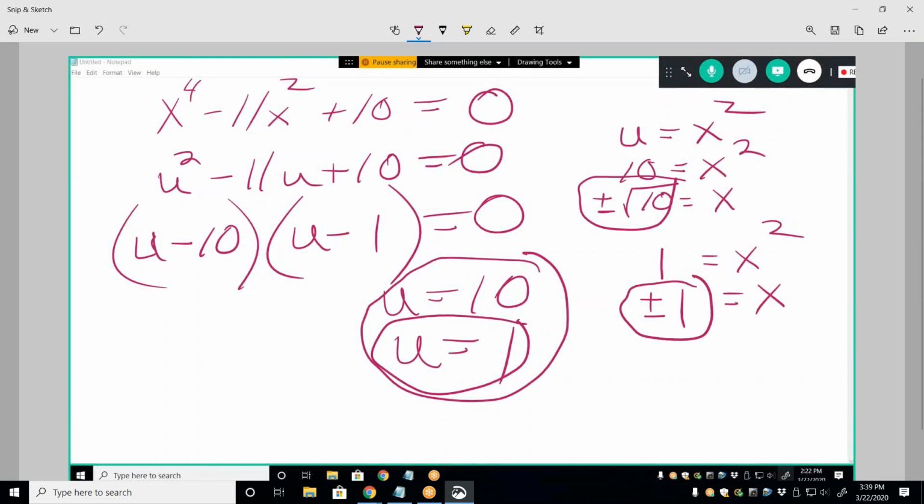There are 4 specific answers, and all 4 of them will work. If you want to plug them in and test, all 4 of those will work. So it's plus or minus 1, plus or minus root 10.